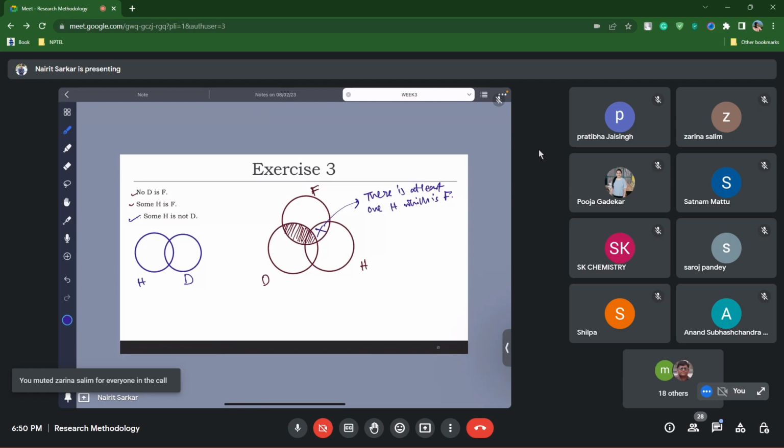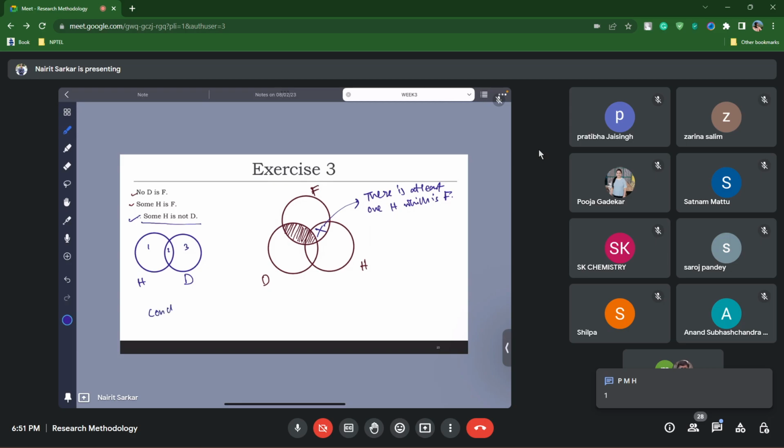So if we see that some H is not D, where should I put X? 1, 2, 3? Some H is not D from the conclusion. 1, 2 or 3? Sir, in one.